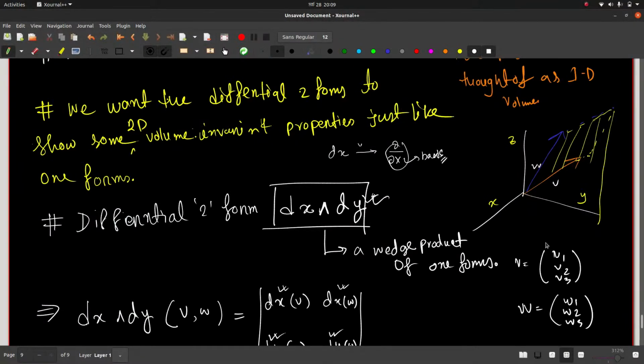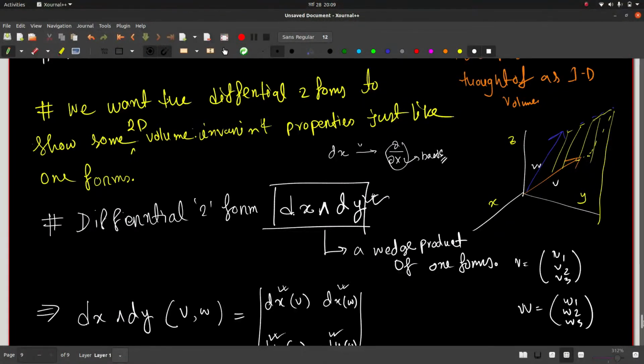So it's a bit hard to visualize, because usually we visualize the bases as a line, a one-dimensional thing, but here what is happening is that this dx dy, a two-dimensional thing, is becoming a basis. Okay, so this is a geometrical interpretation of these differential 2 forms.